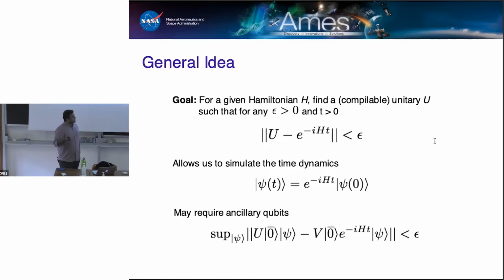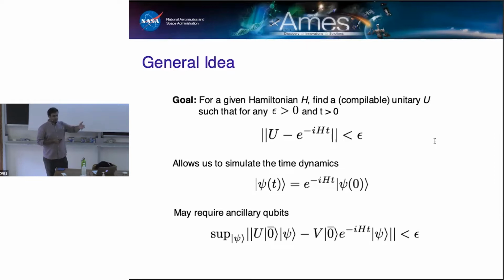And more precisely, what we mean is as follows. The Schrödinger equation tells us that given some initial state at time t equals 0, if the Hamiltonian of the system is time independent, and for the purposes of the talk this is a simplifying assumption that we will make.